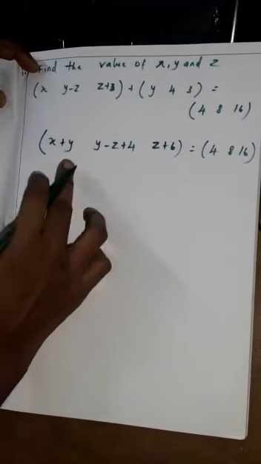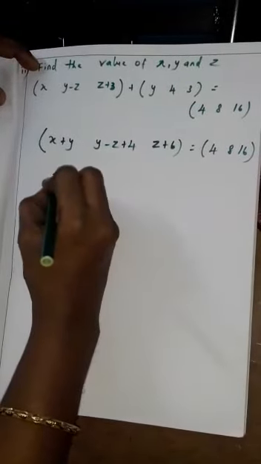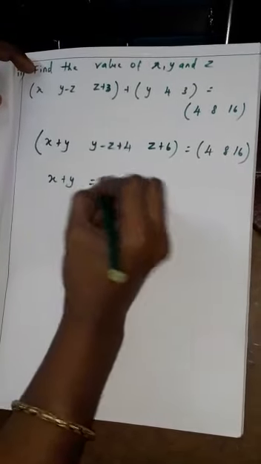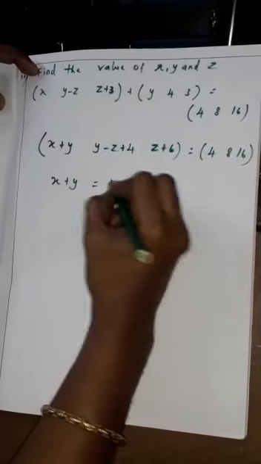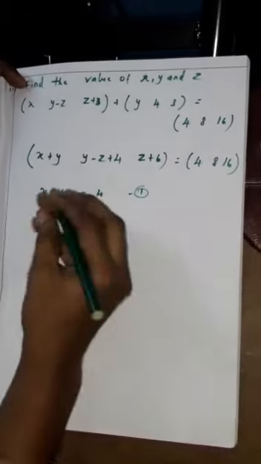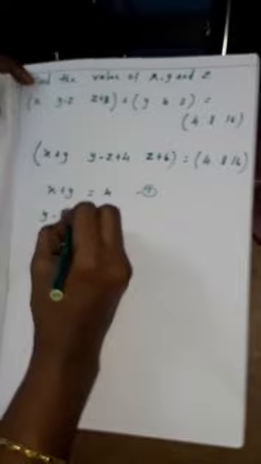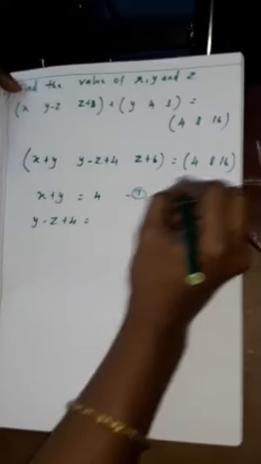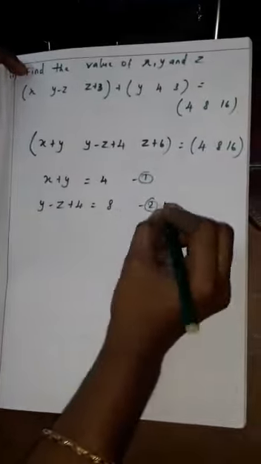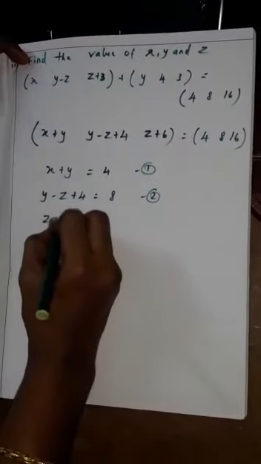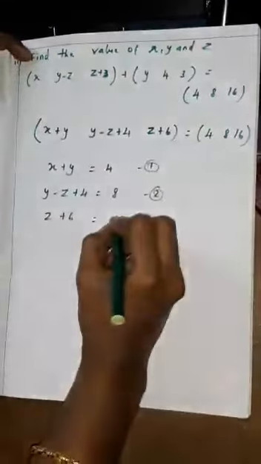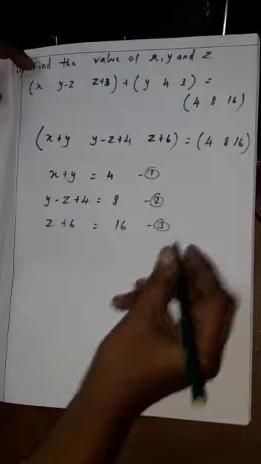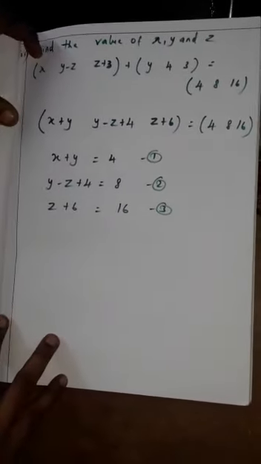Then write down the corresponding elements on the left and right. So x plus y equal to 4, the first equation. Next, y minus z plus 4 equal to 8, the second equation. z plus 6 equal to 16 is the third equation. So find the x, y and z values.